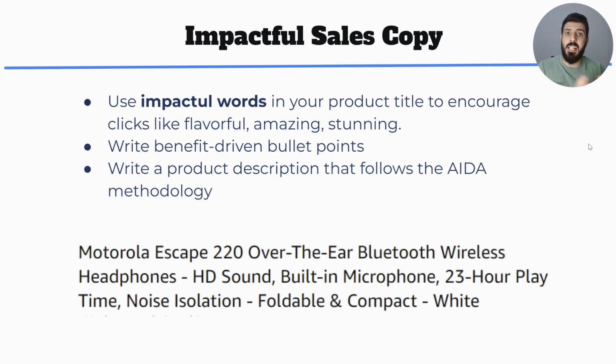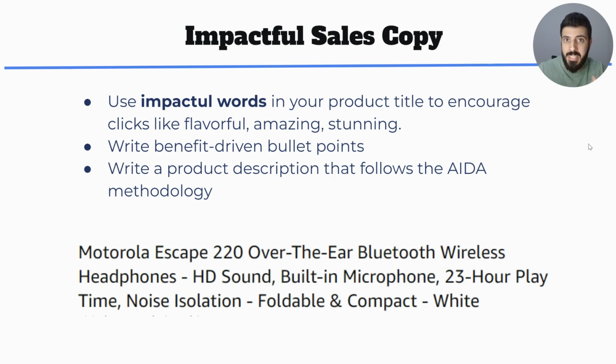Now, impactful sales copy is the actual sales copy. What we do is choose our words carefully. We find exactly what the main pain points of the buyer are, and what this product will solve for these buyers.